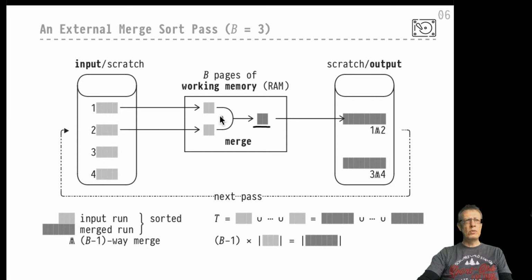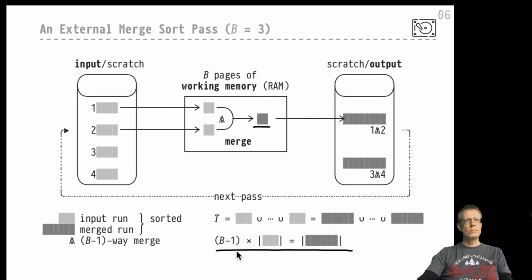All of their contents will be merged. So the output run will have a length of B minus 1 times the input run length. And this is what I indicated down here. So in each of the passes, the length of the runs is increased by a factor of B minus 1.